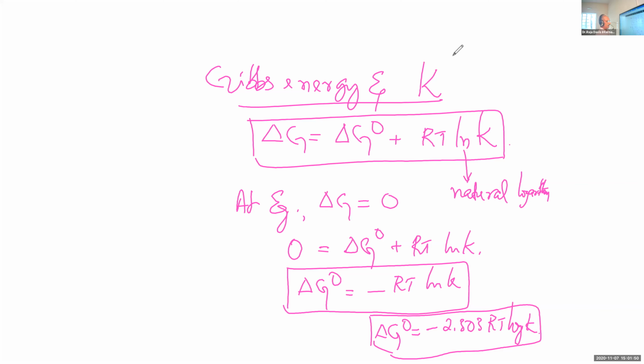Log, base 10. So ln is equal to 2.303 log. So delta G0 is equal to minus RT ln K, or delta G0 is equal to minus 2.303 RT log K. You can refer to them in Clark's table.